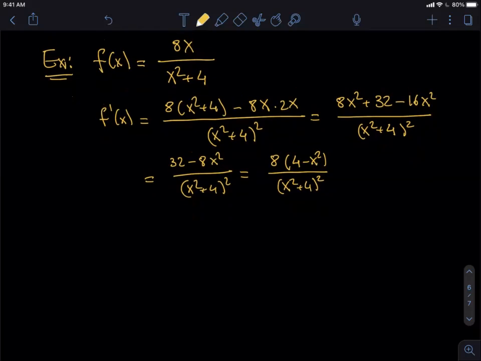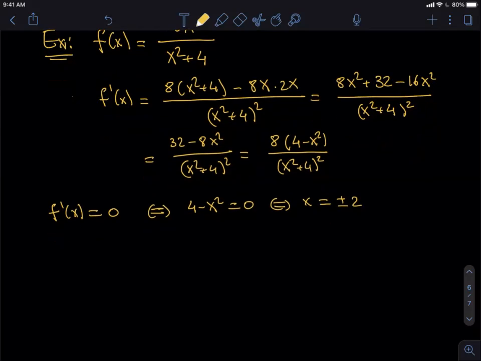Okay. So now something we notice right away is that the derivative is zero when 4 minus x squared equals 0, which means x equals plus or minus 2. And then it will be positive if and only if 4 minus x squared is positive. Looking at the expression, we see 8, that's a positive number. (x squared plus 4) to the power 2 is also a positive number.